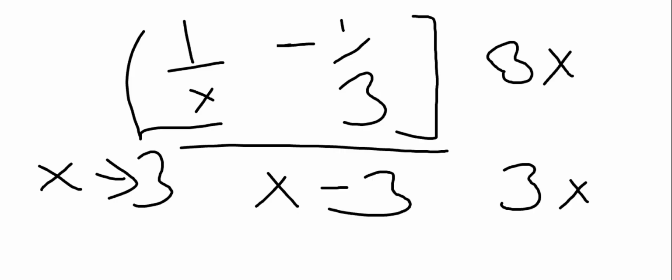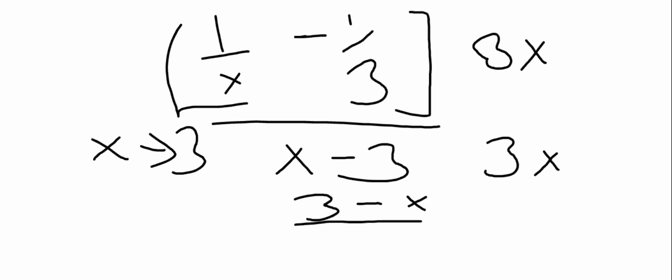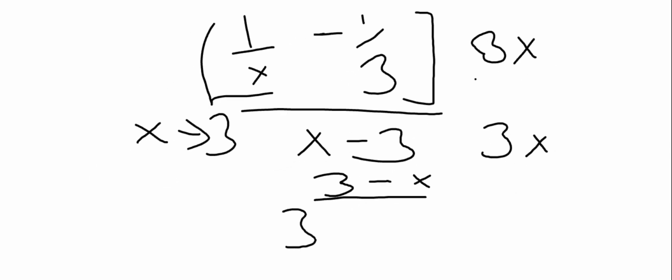So you find that on top here, when we multiply, we have 3 minus x over 3x minus x minus 3. So we find to say this is what we have.